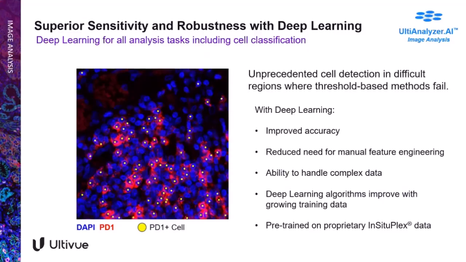The deep learning models improve over time. I mean, we can add training data, so it's really a continuous improvement process. And we bring pre-trained models trained on our core library of markers, and then our own data, so that it's really fast-tracking the whole analysis process.